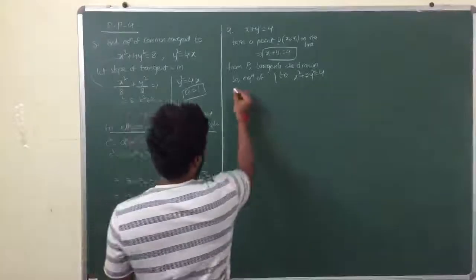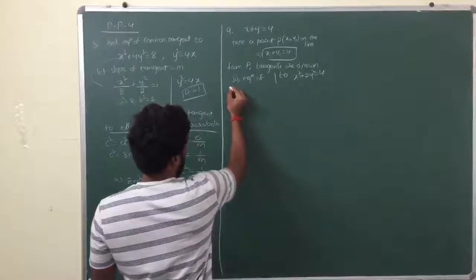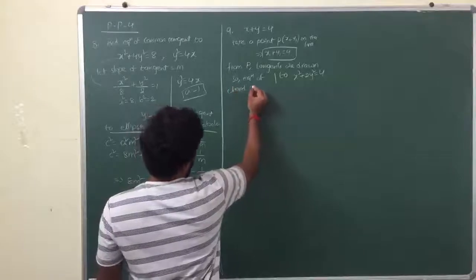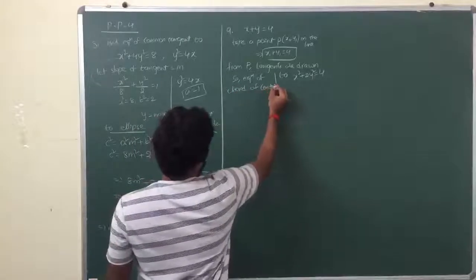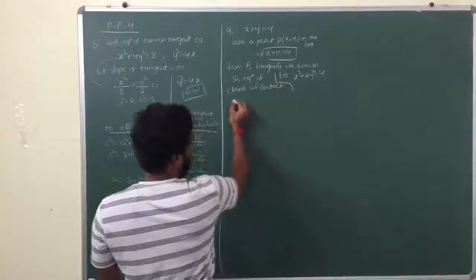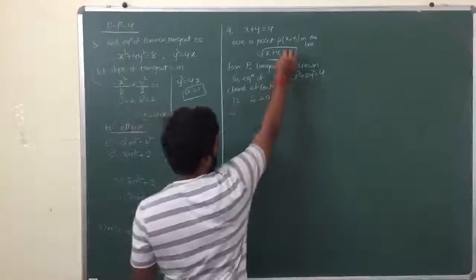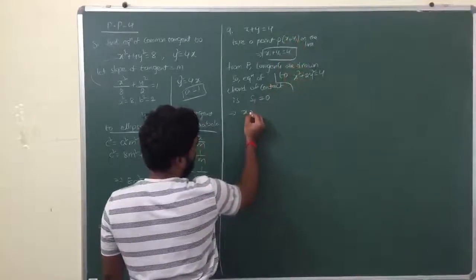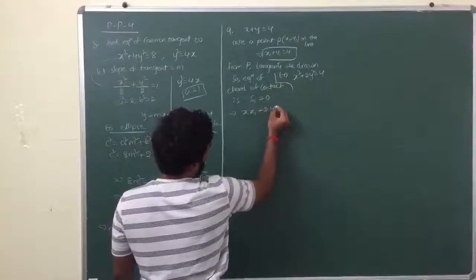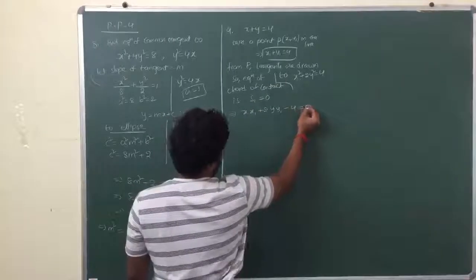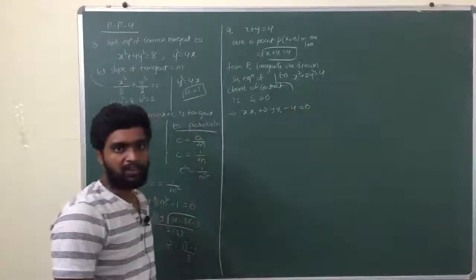What is the equation of chord of contact? The equation of chord of contact is S1 is equal to 0. Tell me what S1 is equal to 0? x x1 plus 2 y y1 minus 4 is equal to 0.